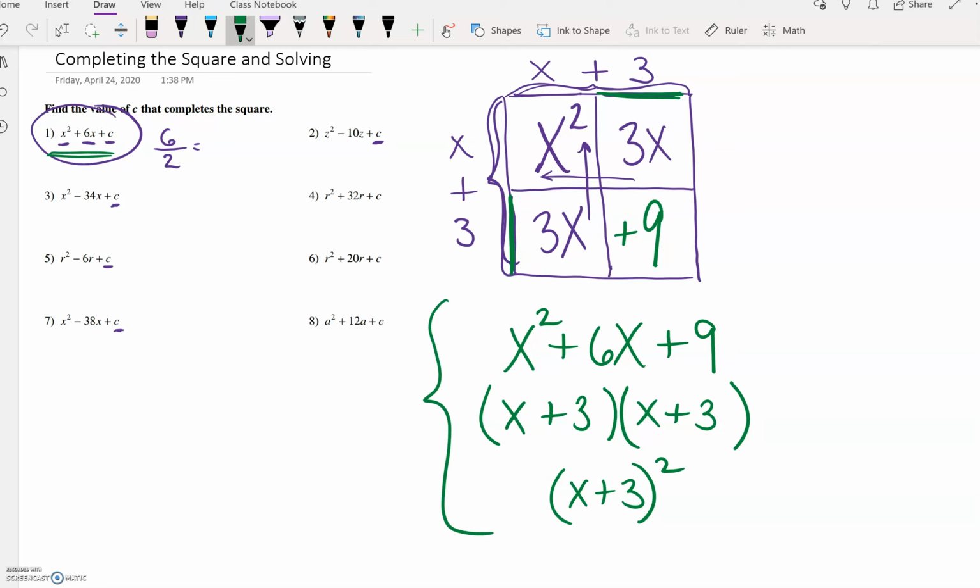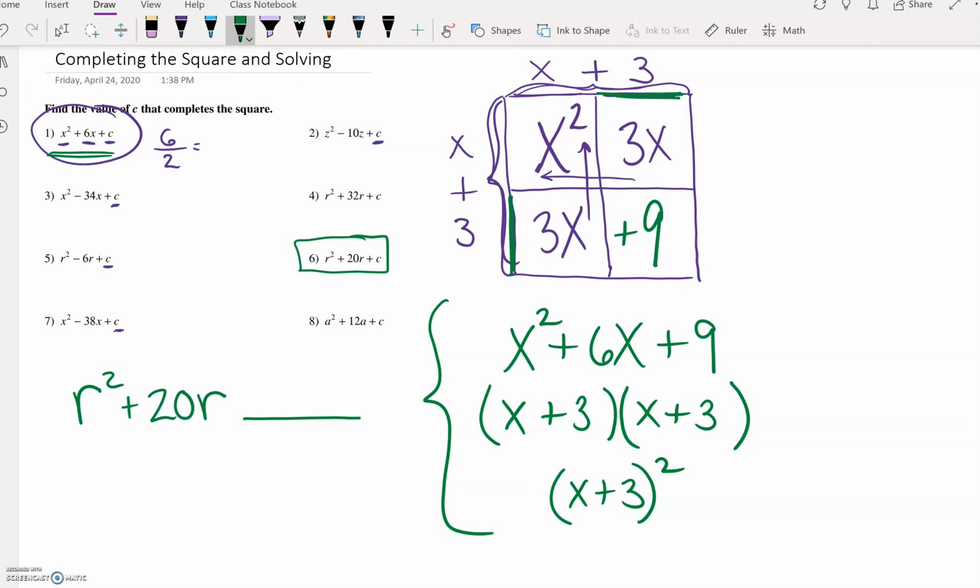Something just like that. There are a lot of examples up here that you can imagine working with. Some people don't like to draw the entire box. So what they do is they'll take a problem just like this: to complete the square, r squared plus 20r.